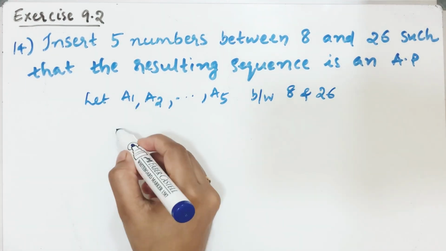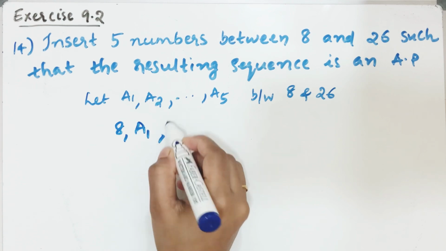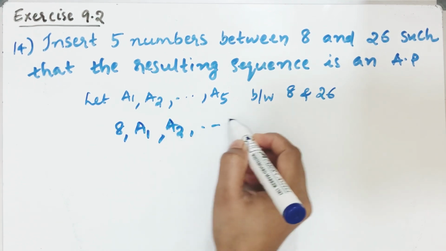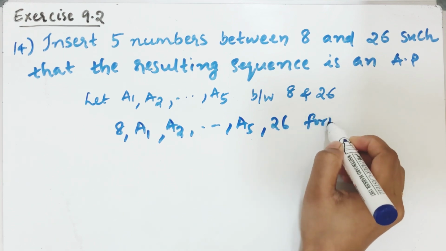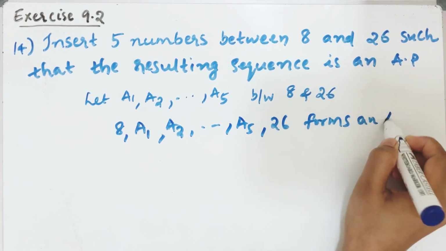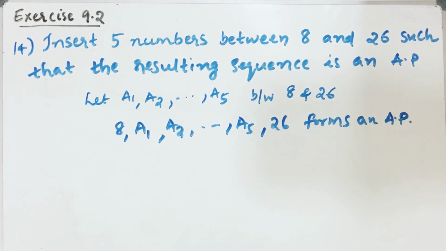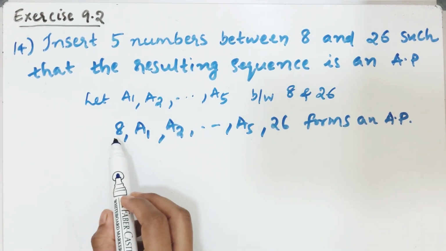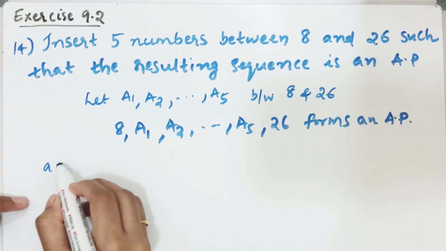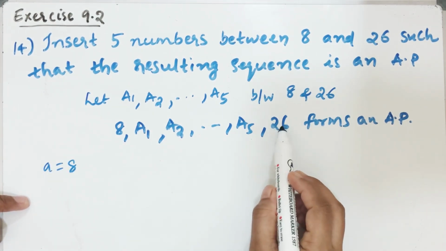Then we know 8, A1, A2, etc., A5 and 26 form an AP. We have to find A1, A2, etc. up to A5. What is the first term here? The first term is equal to 8.